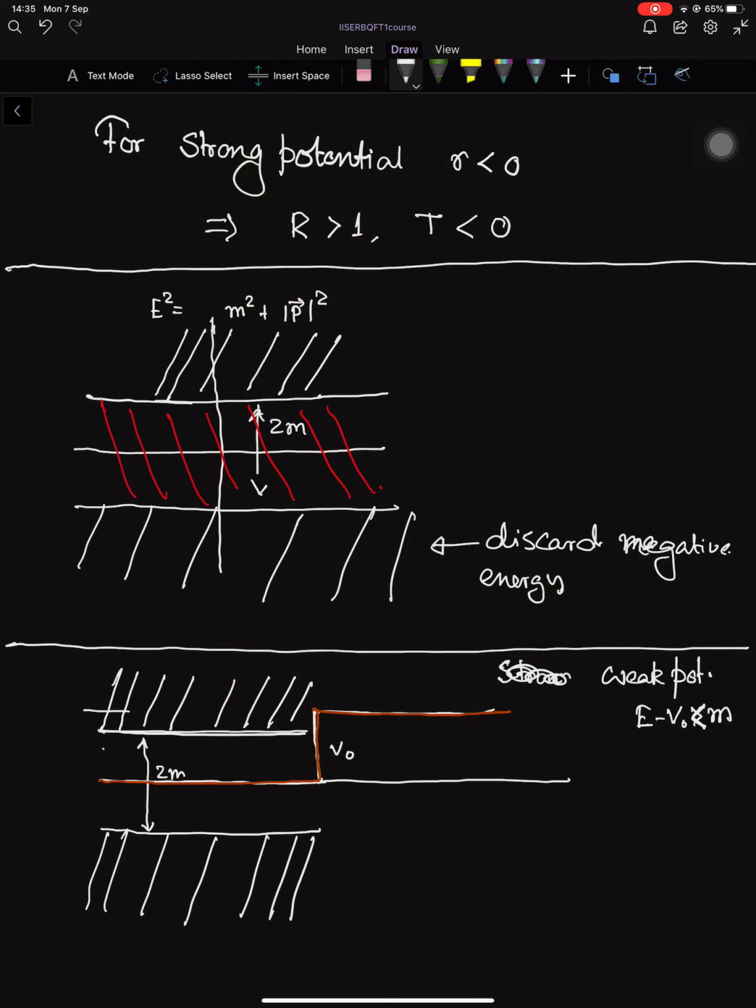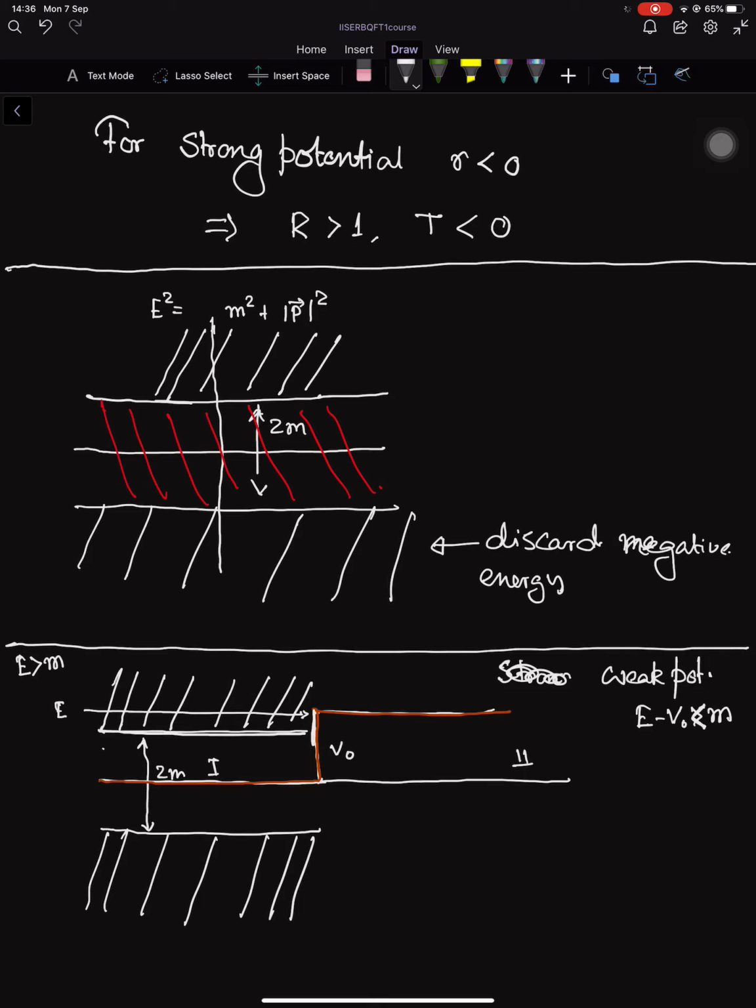This was the incident wave, which is less than V0, but it's allowed by this regime because E itself is greater than M, but E minus V is less than M. Now this is region 1.